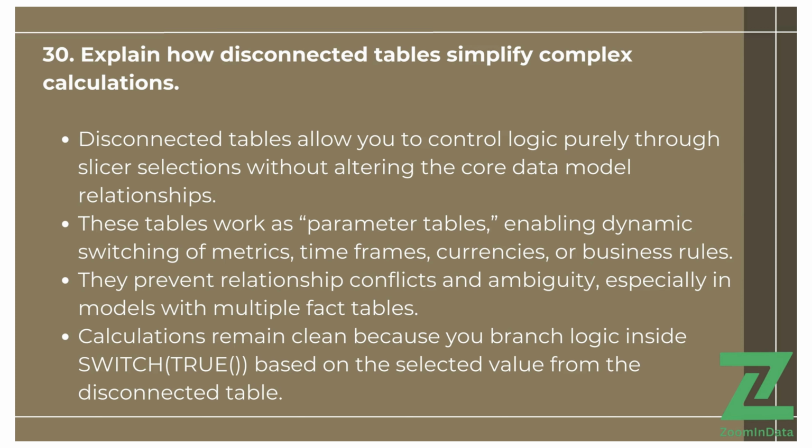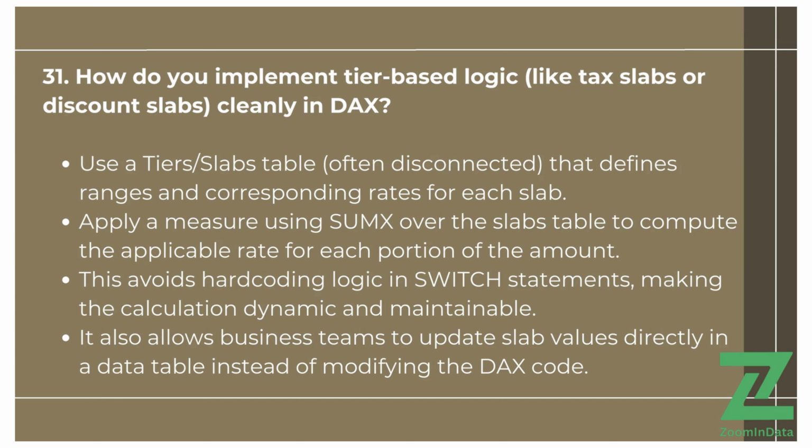They prevent relationship conflicts and ambiguity, especially in models with multiple fact tables. Calculations remain clean because you branch logic inside SWITCH followed by TRUE based on the selected value from the disconnected table.